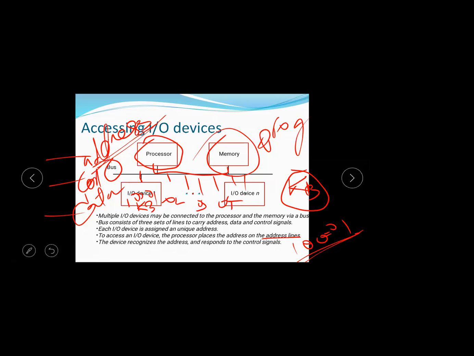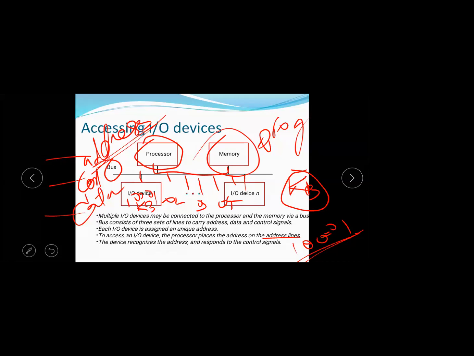That address goes to the address decoder of each device. Each device will have one address decoder, and the address sent by the processor is transferred to each device's address decoder.